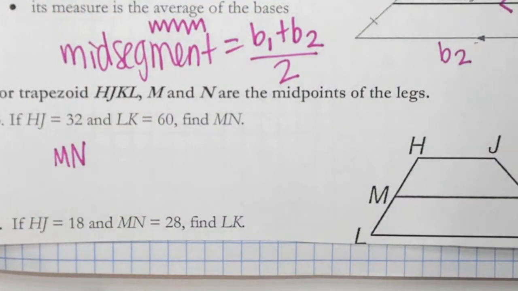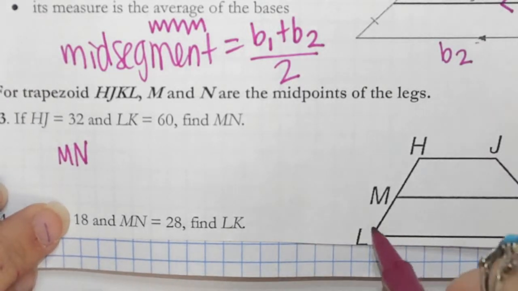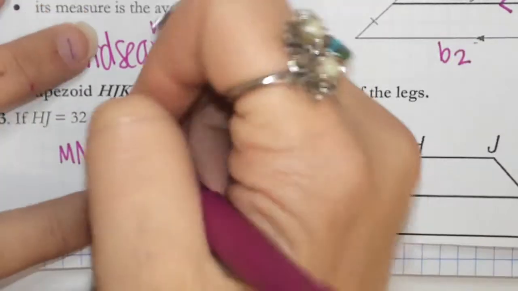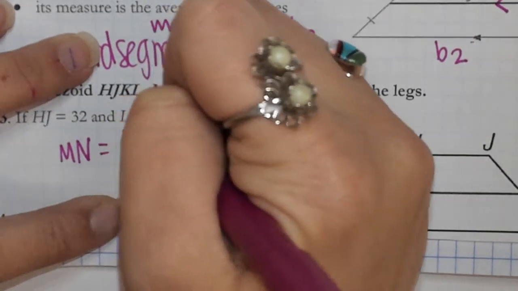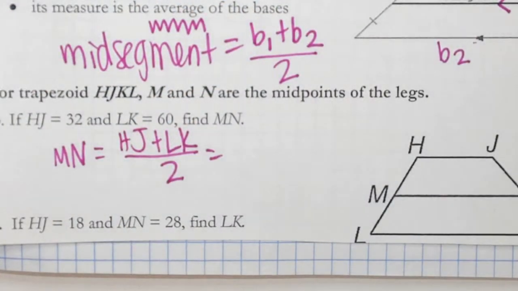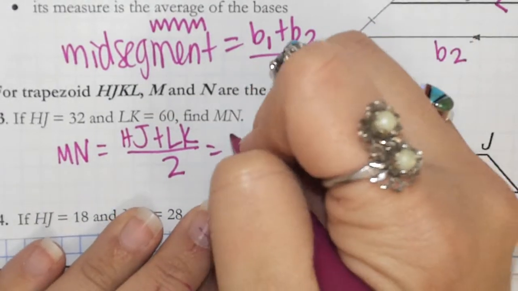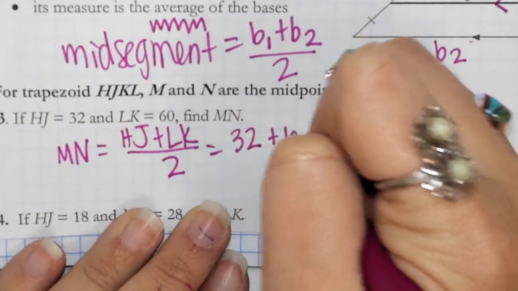We would take HJ and we would add it to LK and then we would divide it by 2. So HJ plus LK divided by 2. Do we know what HJ is? 32.